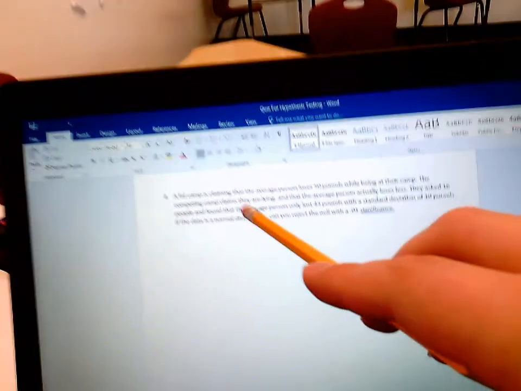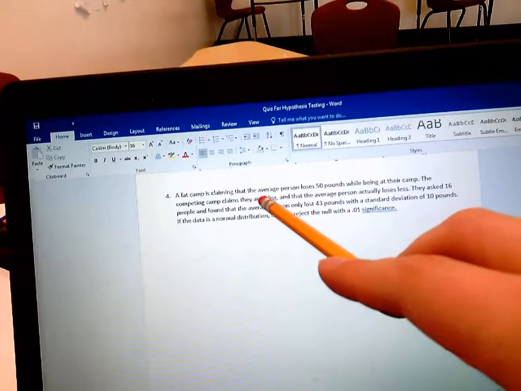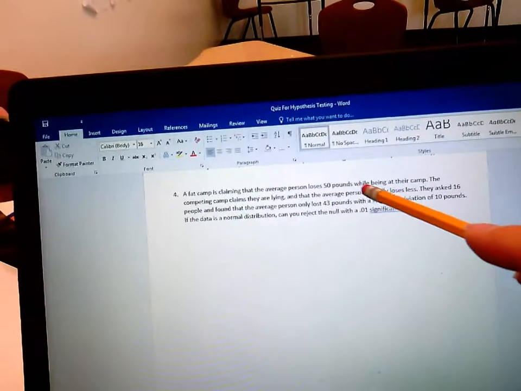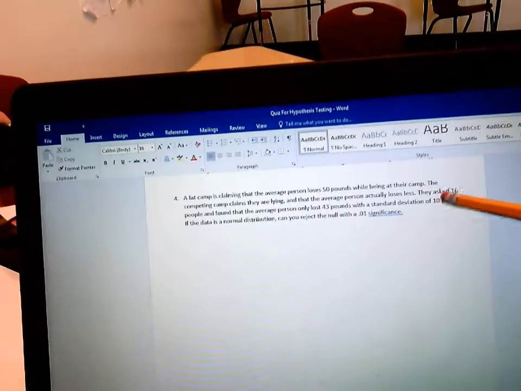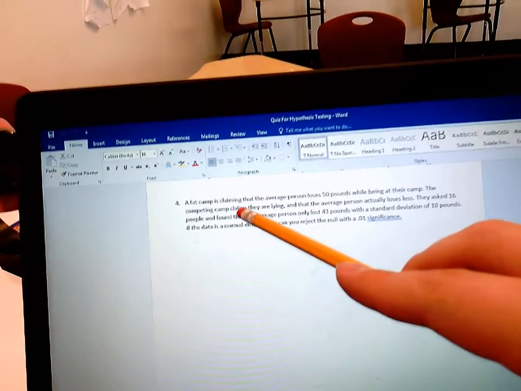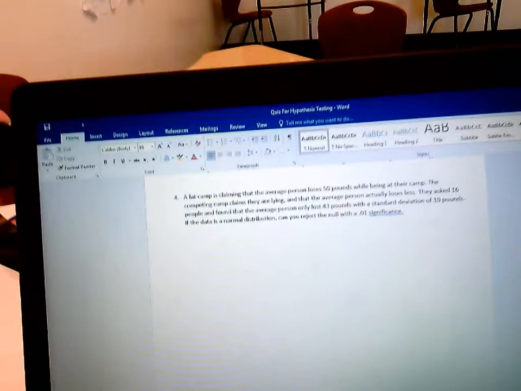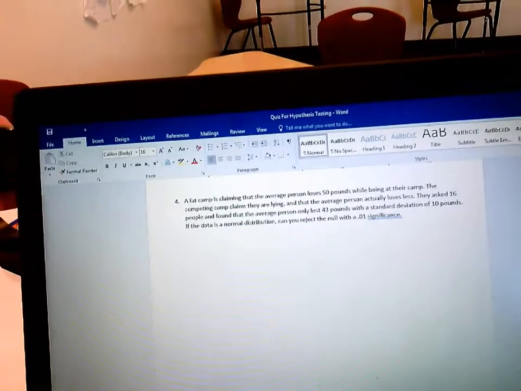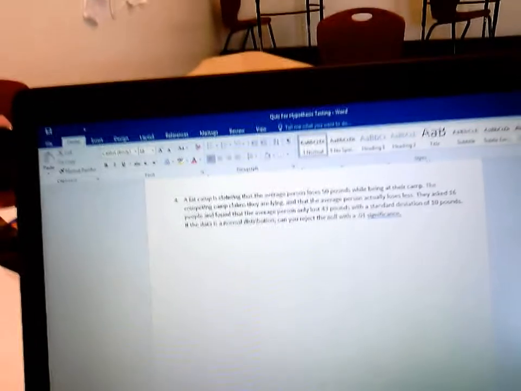Okay, so right now what I'm going to do is read this off and explain it. It says, a fat camp is claiming that the average person loses 50 pounds while being at their camp. The competing camp claims that they're lying and the average person actually loses fewer pounds.